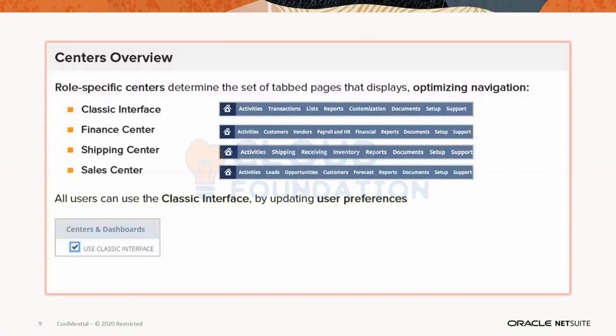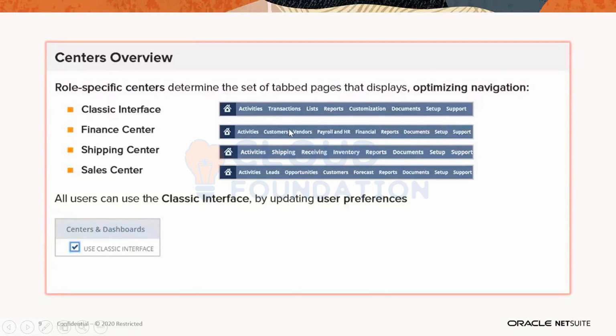Now, if you assign a finance center for an AP clerk or an AR clerk, you will have the finance center, which has activities, customers, vendors, payroll, financial reports, documents and setup and support. If you are giving it to an AP clerk, then customers will not be there.